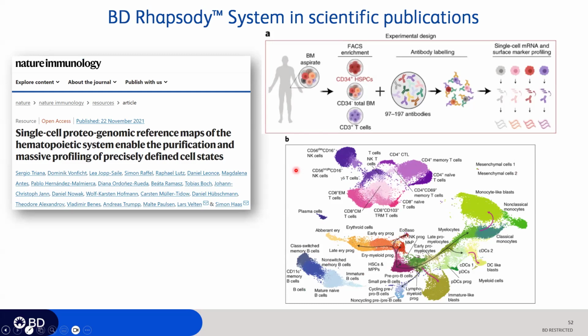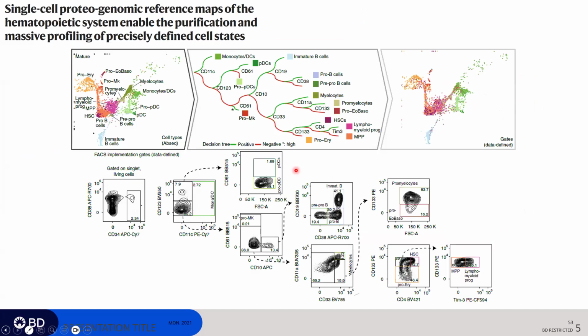So they used almost 200 of our SCIC antibodies in conjunction with our whole transcriptome assay to generate these proteogenomic reference maps and make this map that they then use as a control to overlay a cohort of AML patient data. And what they were able to generate some really cool data from this to include new and revised clinical flow panels that could better characterize different subsets of AML, which was super, super cool.